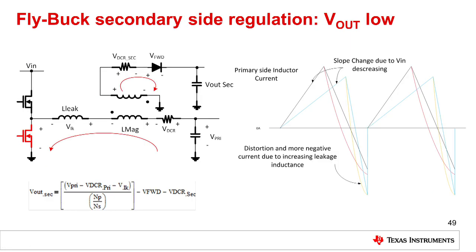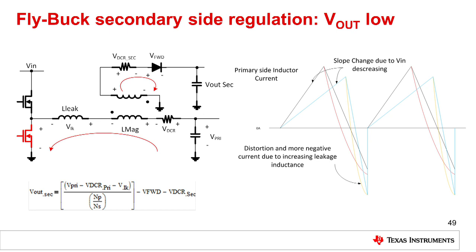Now, this slide shows all of the parasitic resistances and inductances of the transformer, and these are what's responsible for degrading your load regulation. In this case, we see an example where the secondary load current is very large, but the primary load current is very small.